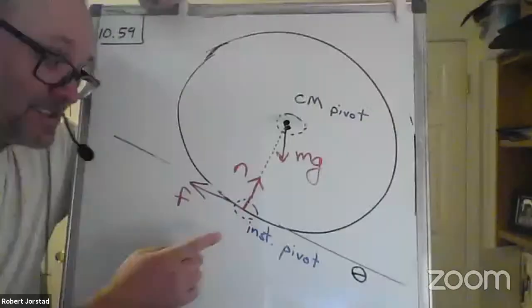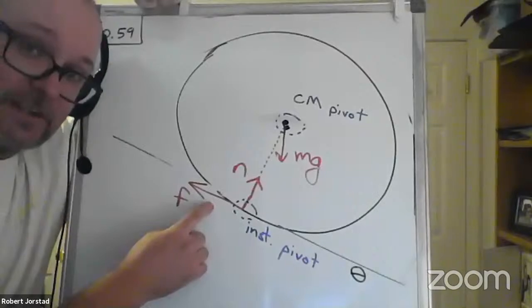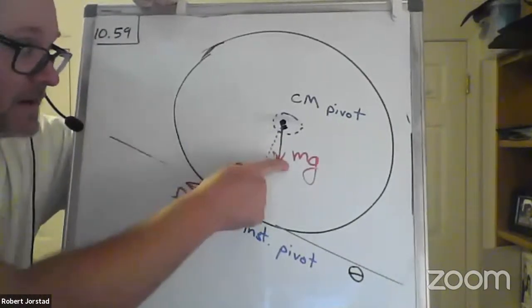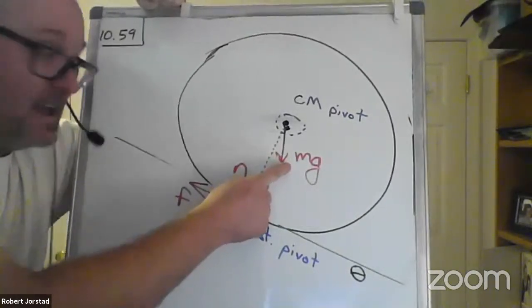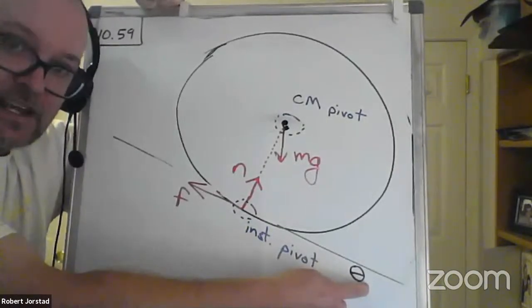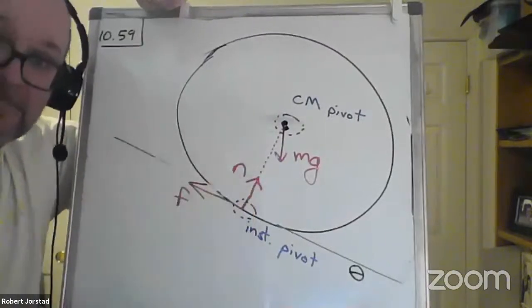And so this turns out to be very convenient because it's not that easy to figure out the frictional force. We'd have to do a full FBD, whereas this one, it's actually very easy to figure out the torque due to mg. I know the radius. I see this angle is theta. Because I drew a skinny triangle, this angle's probably theta, right?